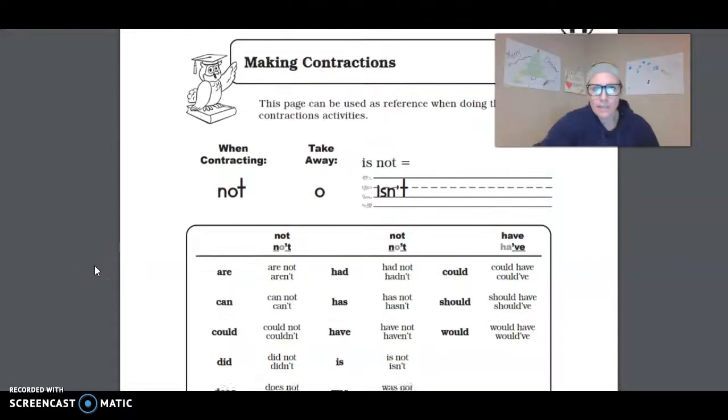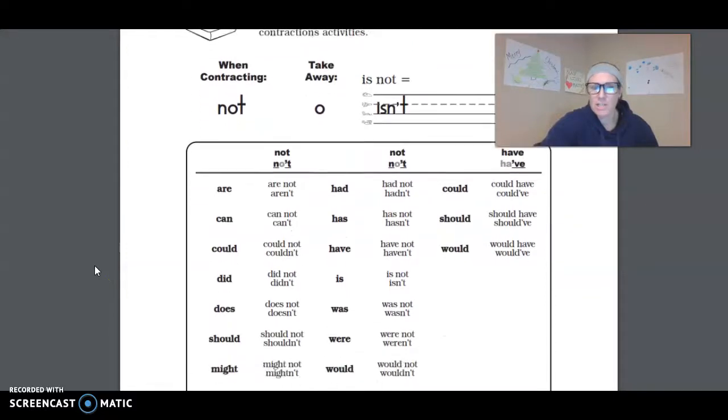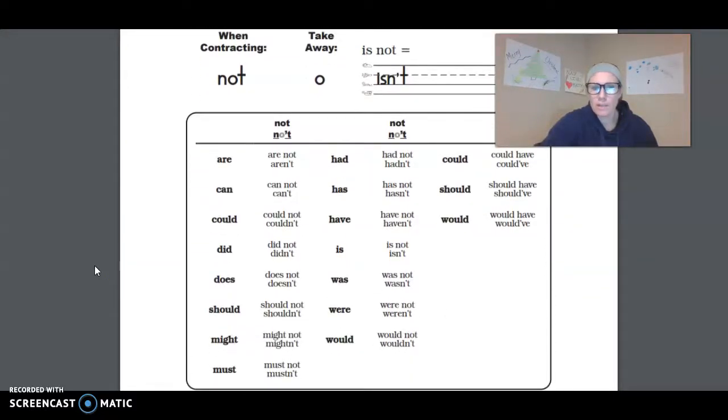Okay, and here's that page from your notebook about the contractions. I want us to do a little bit of practice reading them. Okay, so I'll read it and then I'll do a couple with you and then I want you to read them on your own. Are not equals aren't. Cannot equals can't. Could not equals couldn't. Okay, want you to keep going here and read them all.